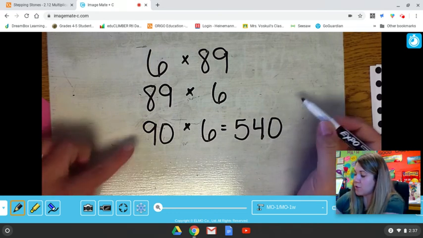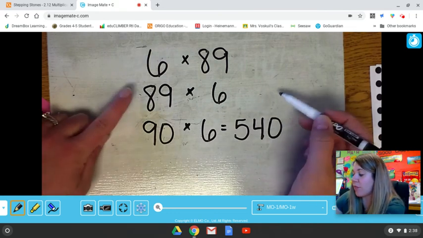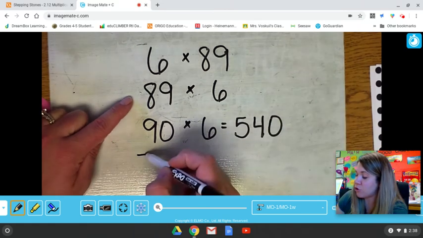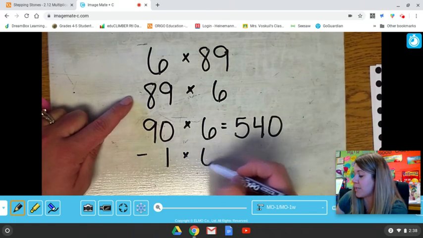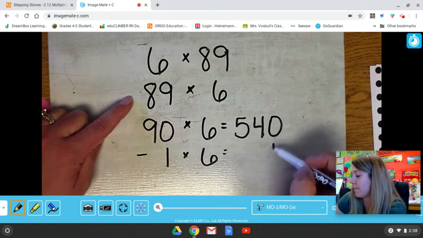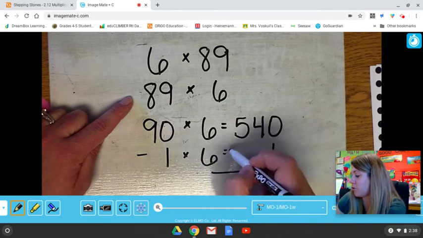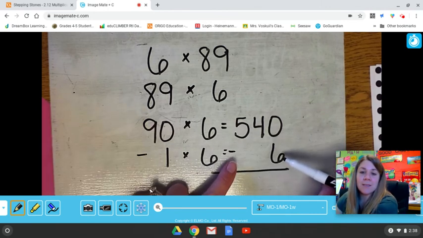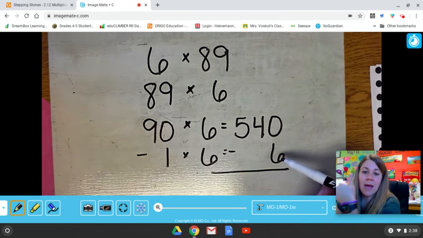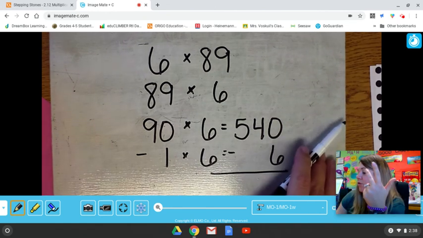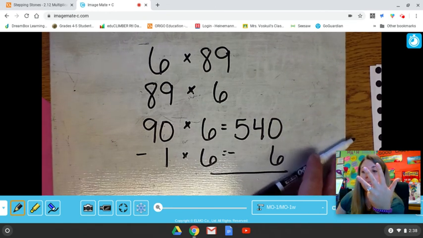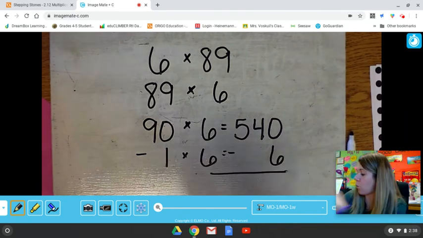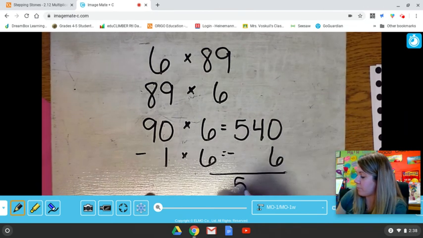is 540. So I can use this to help me with 89 groups of 6 by subtracting one group of 6. I need to subtract this. 540, count back 6, 539, 538, 537, 536, 535, 534.